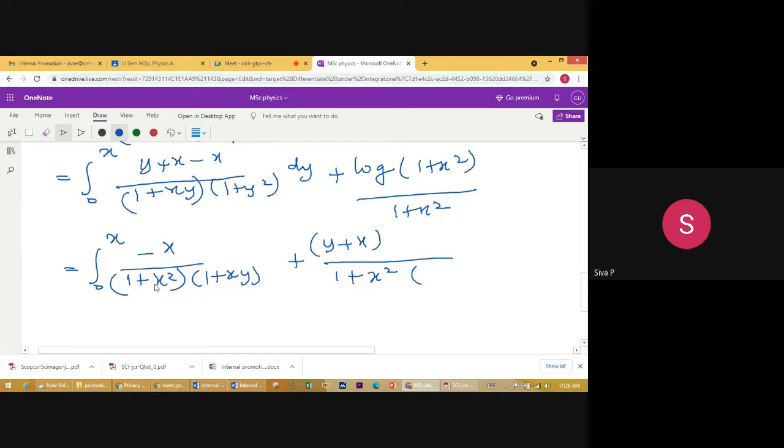No, it is not 1 by x square, it is 1 plus y square. No? It is also not 1 plus x square. It is 1 plus y square and 1 plus xy.